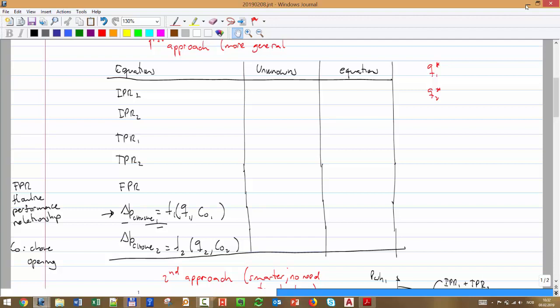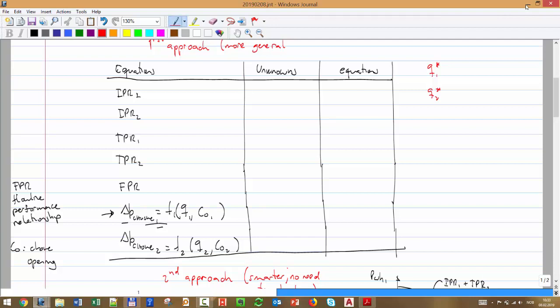You have to use this two-layer scheme, right? You have to assume the opening of the choke, run your model, see if they are the same. No, run again another time, see if they are the same until you converge. Okay? You remember that discussion was a long time ago, okay? But that's the way you have to do it.